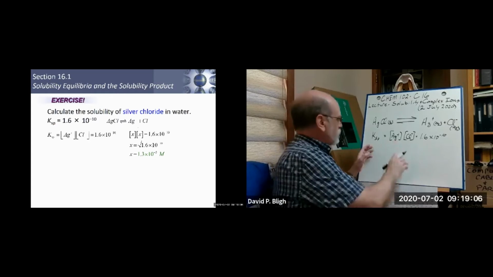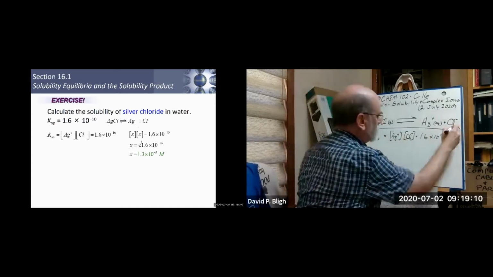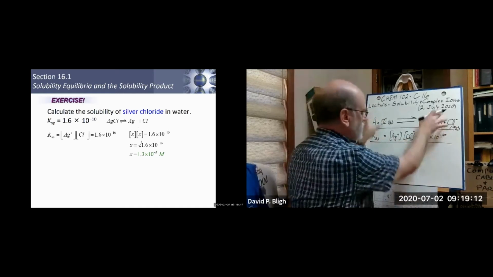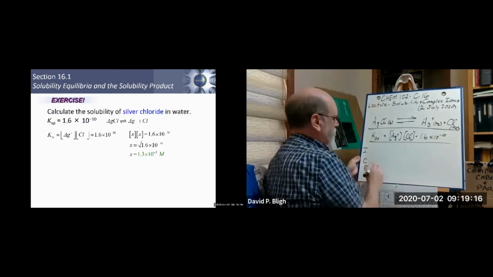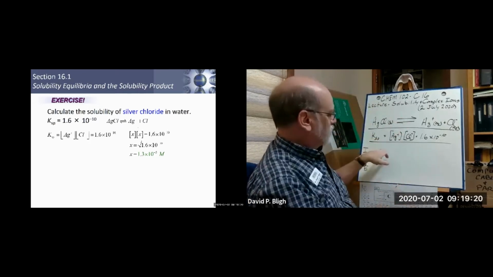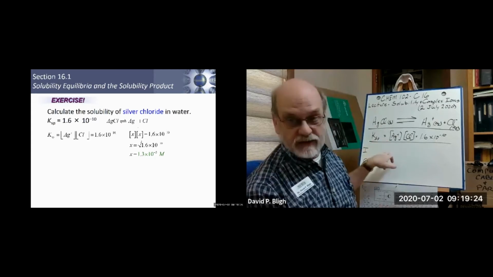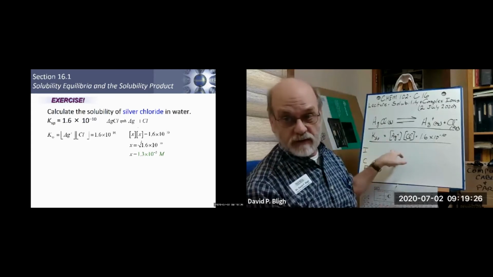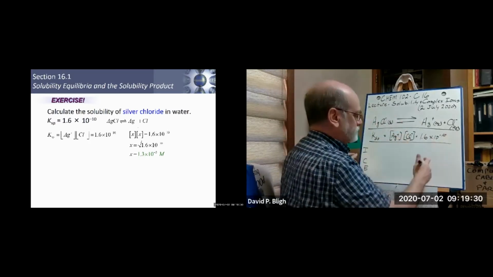So here is our ICE table. You start off with a certain amount of the solid, but it doesn't enter into the equation because it's a solid, so there's no value there. But some of it does go into solution.